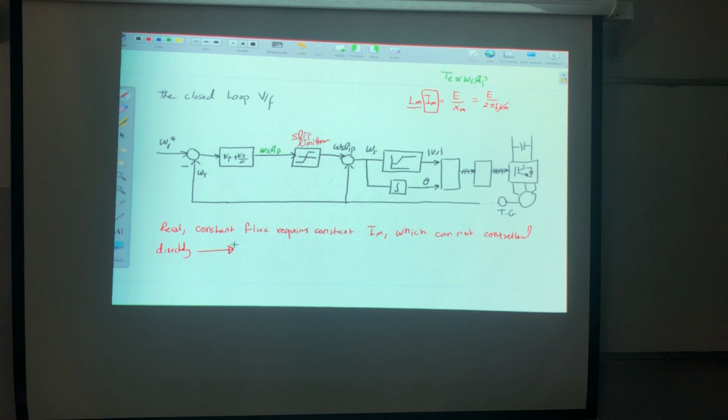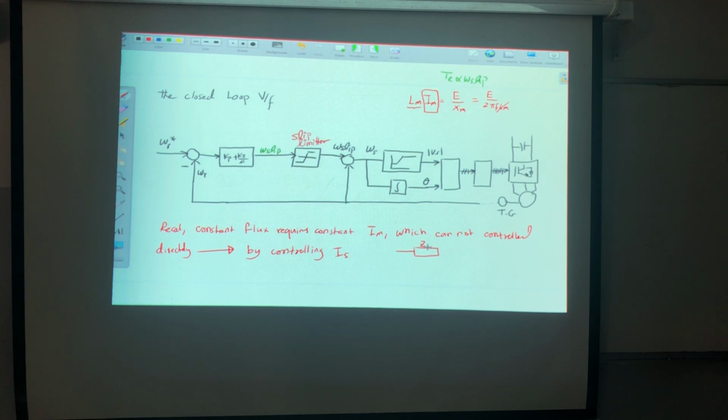So how to control it? By controlling Is. By controlling Is, we can control Im.